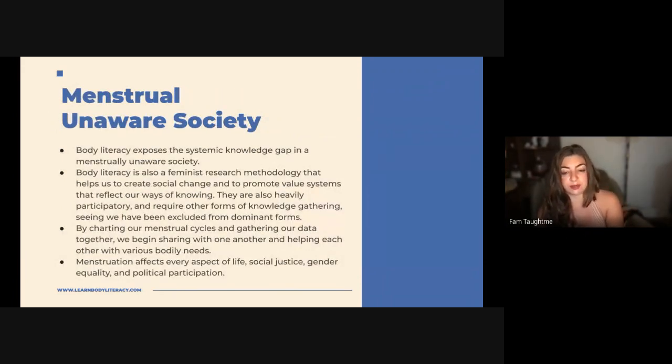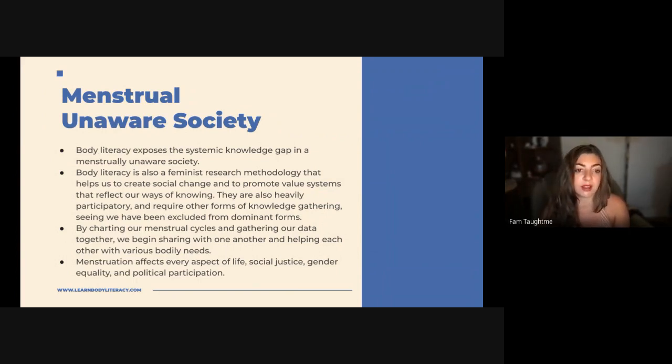We're also dealing with a menstrually unaware society. So body literacy exposes the systemic knowledge gap in that society. It's also a feminist research methodology. So we're trying to create social change and promote value systems that reflect our ways of knowing. And that means that it's heavily participatory. Each of us is charting our own cycles.